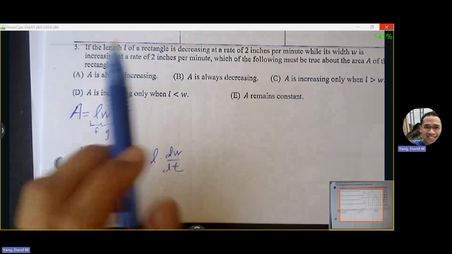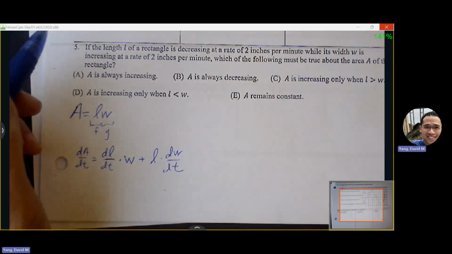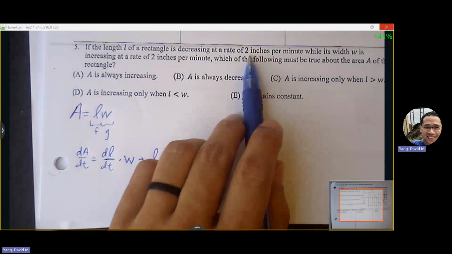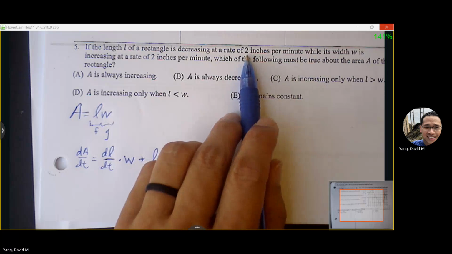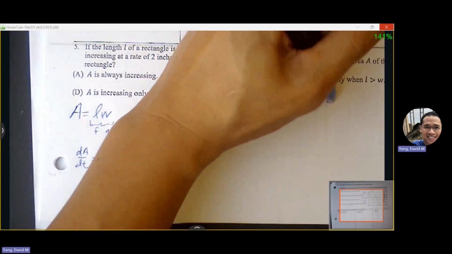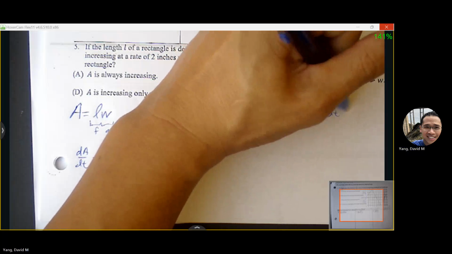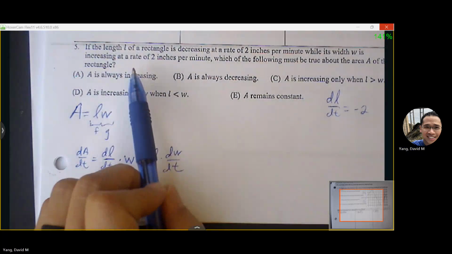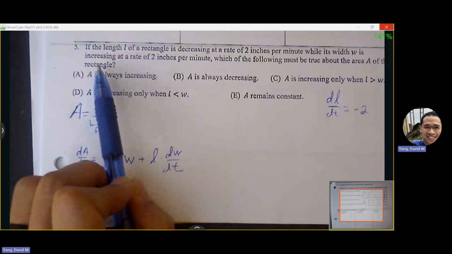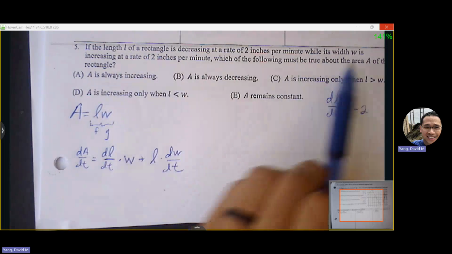The length is decreasing at a rate of 2 inches per minute. What can we assign this to be? -2 for dL/dt. And then 2 inches per minute, width is increasing.